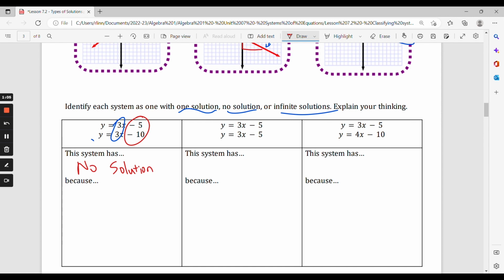And it has no solution because two lines that have the same slope are parallel if they have different y-intercepts.